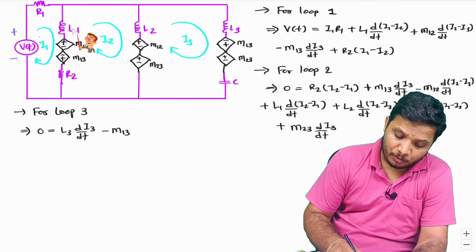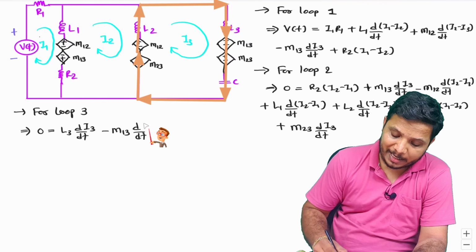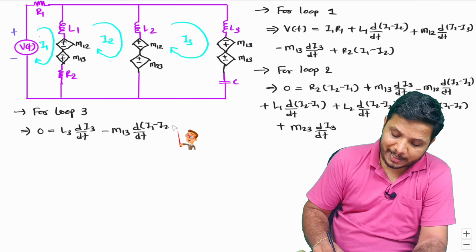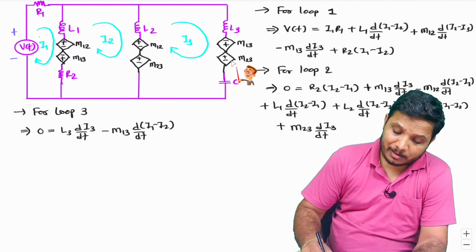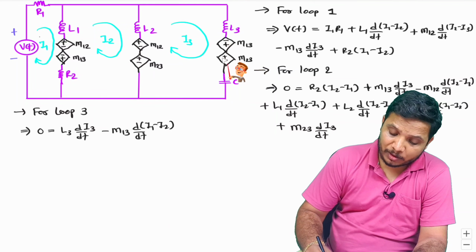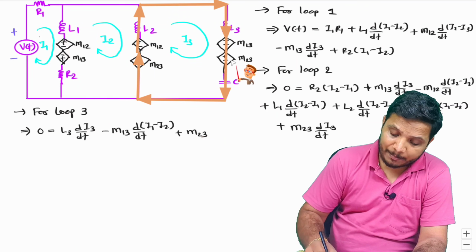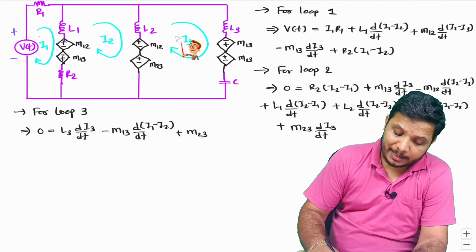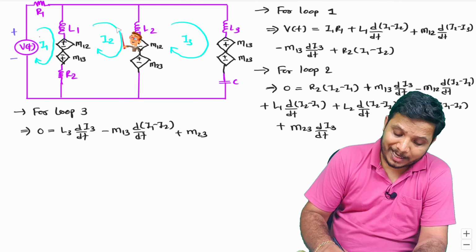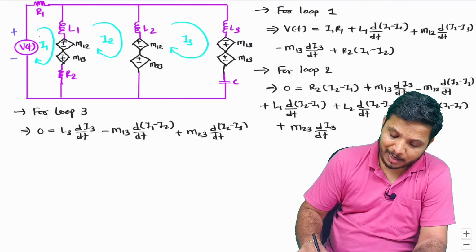So current through L1, that is I1 minus I2, so I need to write d by dt of I1 minus I2. Then M23 comes, so I need to write M23 with plus sign, so plus M23, it happens in between 3 and 2, so current through 2, that is I2 minus I3, so I need to write d by dt of I2 minus I3.